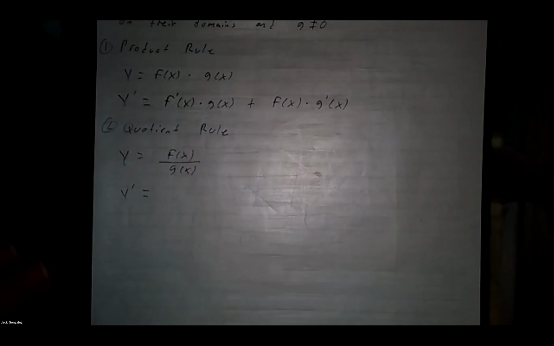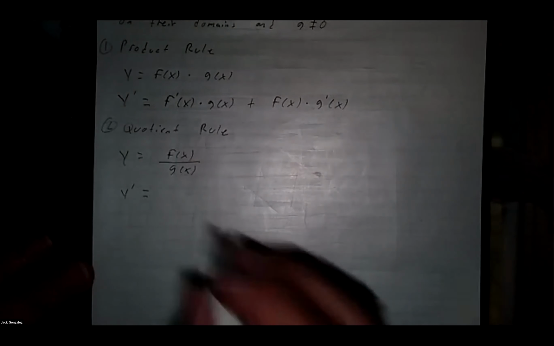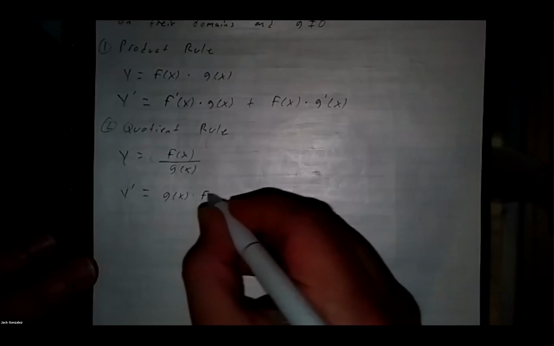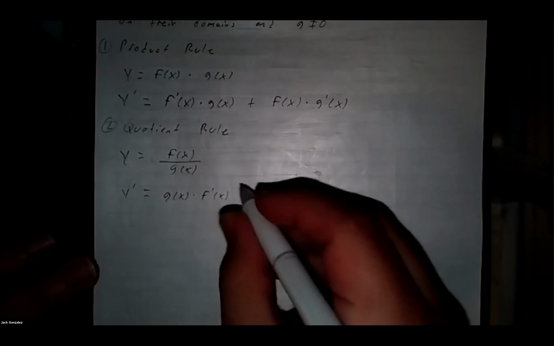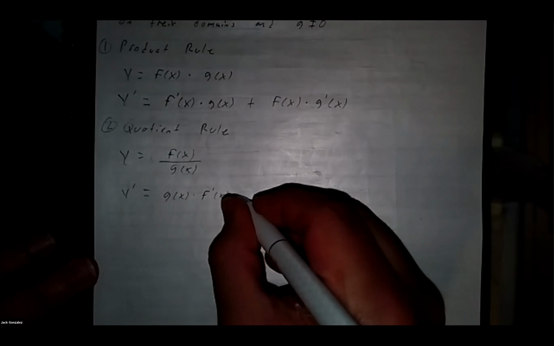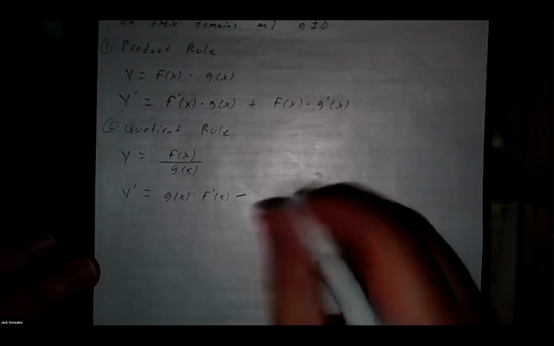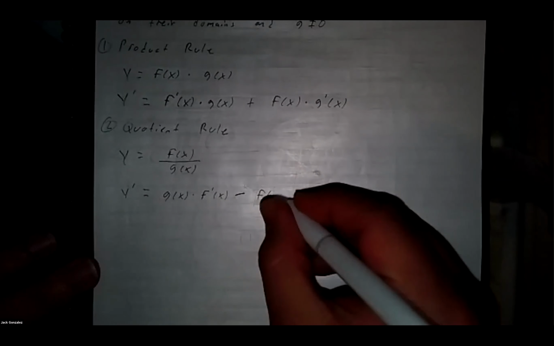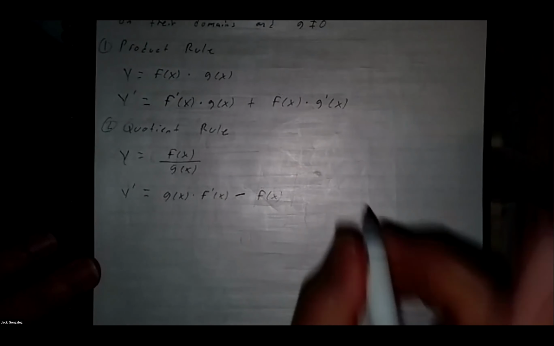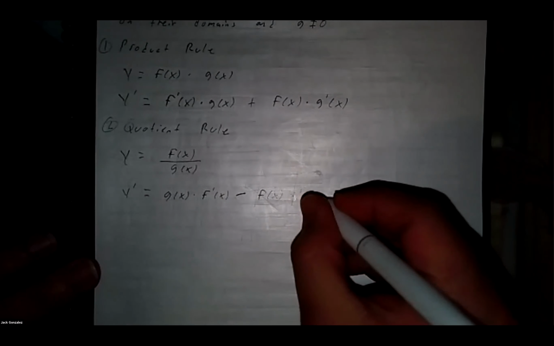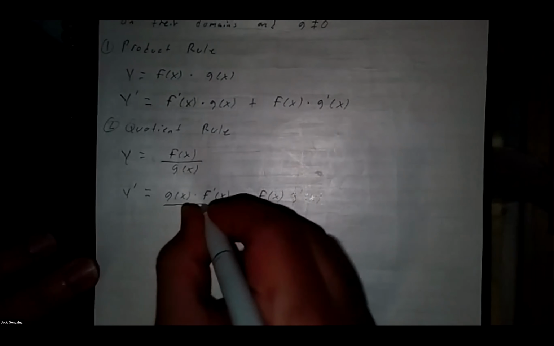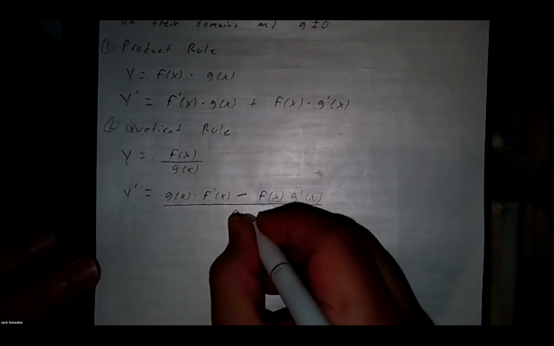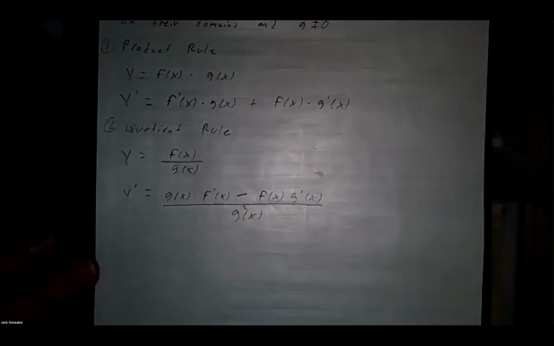It's going to be, let's forget the order, g f prime minus f of x times g prime, over g of x squared.